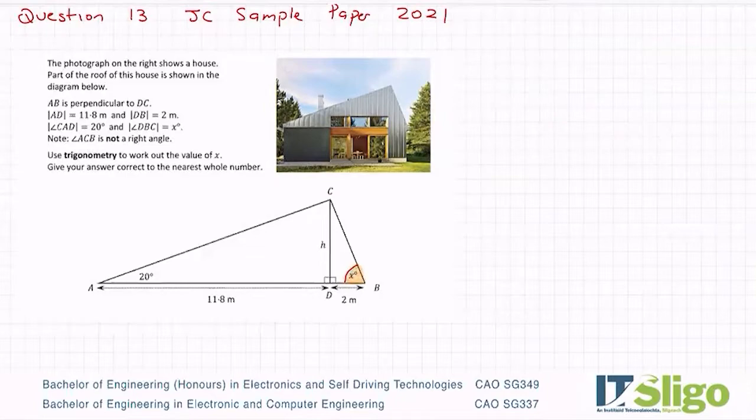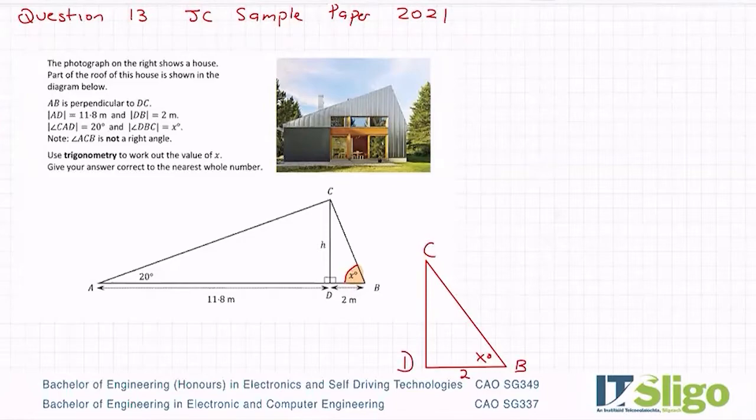Okay, so if I'm to draw that triangle that has X in it, let's see if I can draw straight lines. That's my X degrees, that's my 2, and that's C, B, D. Okay, so look what I did.